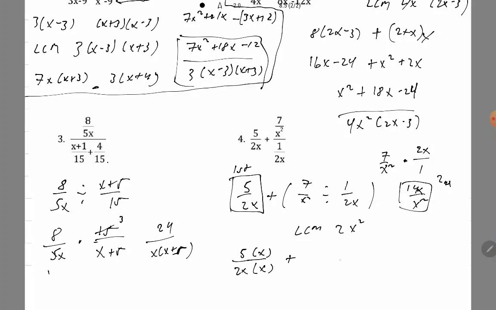And then my right, which is 14x over x squared, all that's missing is 2. So I'll get 5x plus 28x over my 2x squared, which is equal to 33x over x squared.